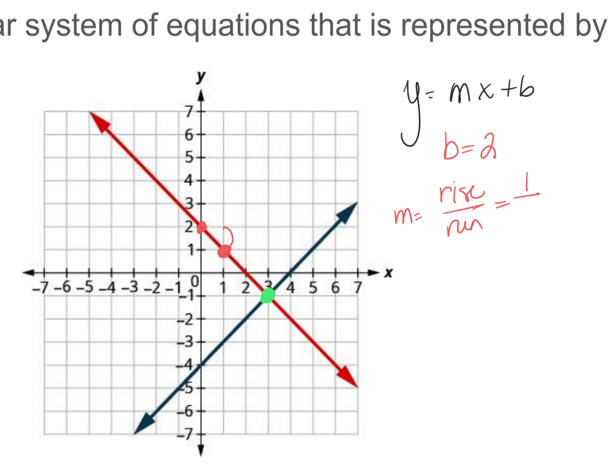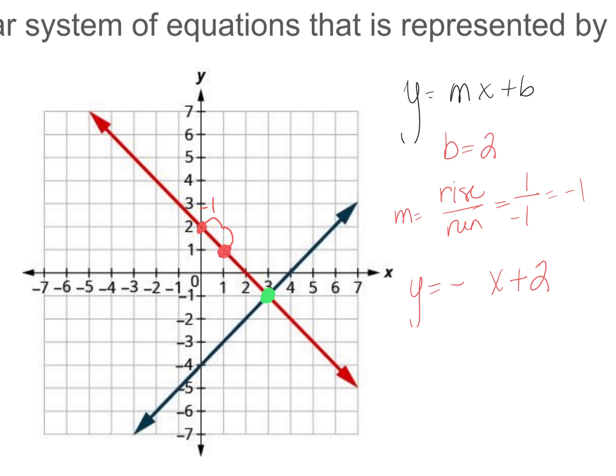Run, again, if I go to the left, that's a negative direction, so -1. And 1 over -1 simplifies down to -1. So now you're ready to plug in. Y equals -1 x. Our y-intercept is positive this time, so +2. And the only thing I would change here is we don't need that 1 in front of x. And so it's just -x plus 2.